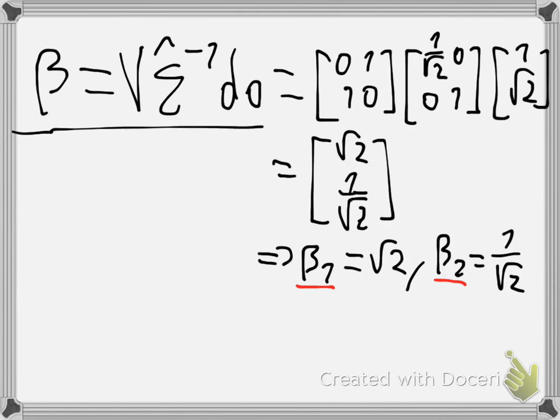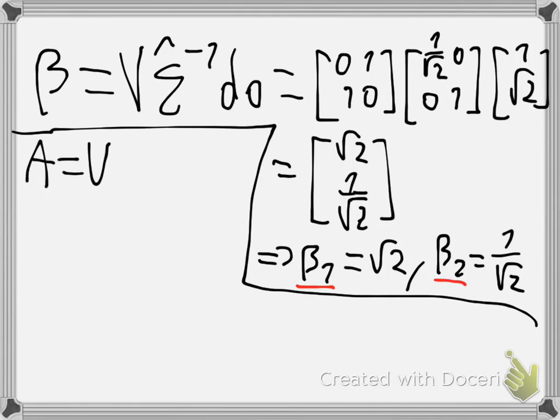So remember, first you do the singular value decomposition of A. So you calculate A transpose A or A A transpose. You find the eigenvalues of A transpose A or A A transpose, which are the same eigenvalues. Then you find the eigenvectors.